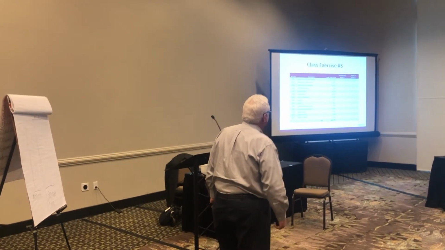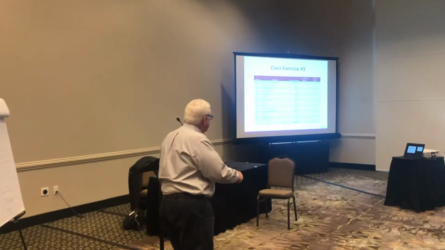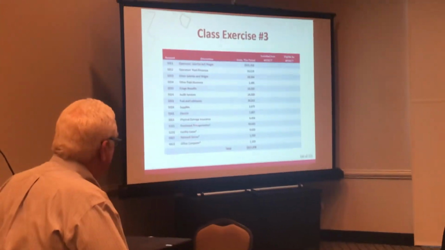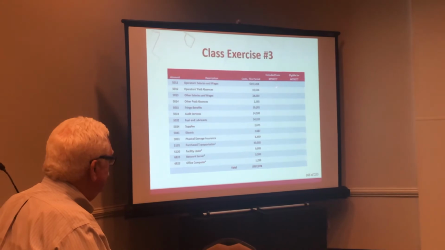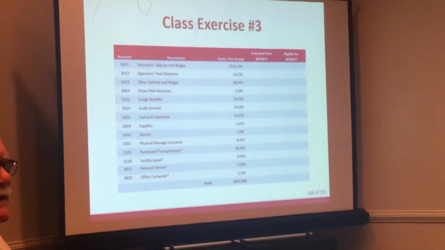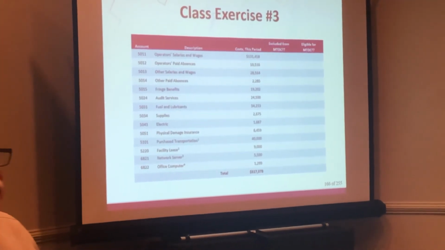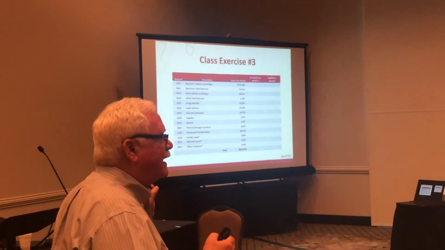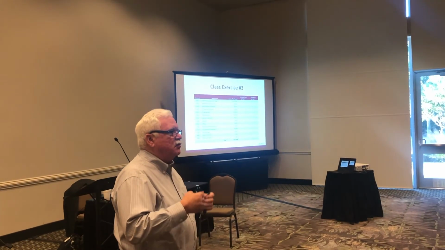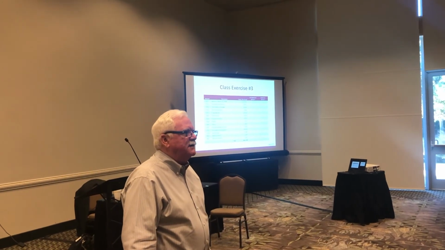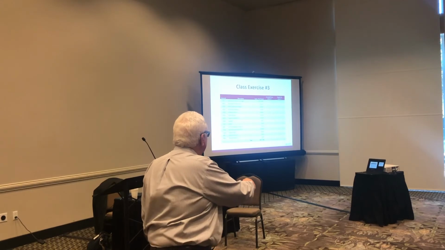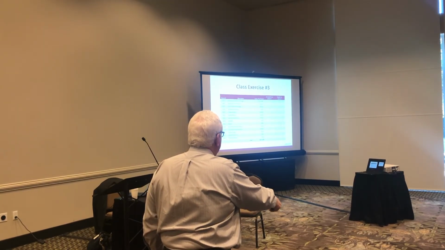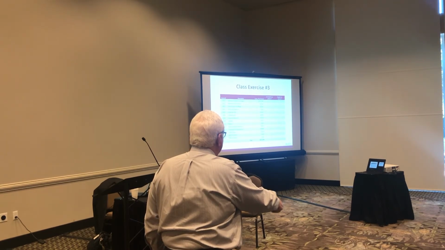And I want you to take a look, and I've got, in this case, the updated USOA account numbers and account categories. And I want you to tell me which one of these line items has to be excluded from the computation of modified total direct costs so that we know how to apply the de minimis rate. So document your exclusions and then tell me what's eligible for application of the 10%.